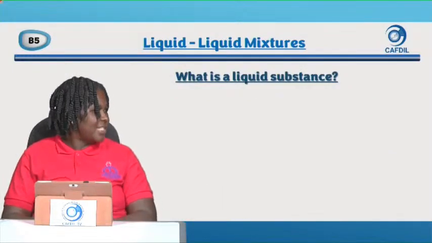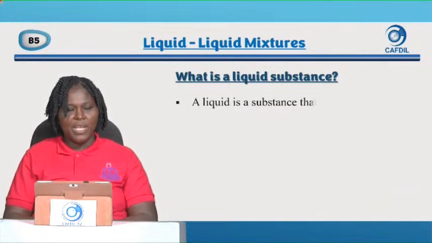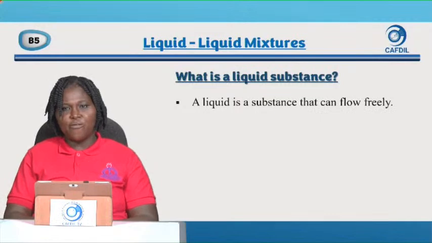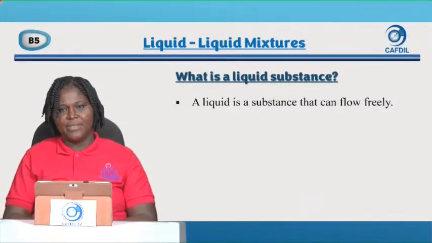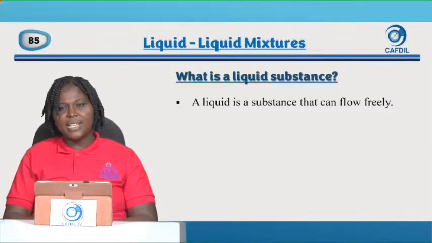What is a liquid substance? A liquid is a substance that can flow freely.